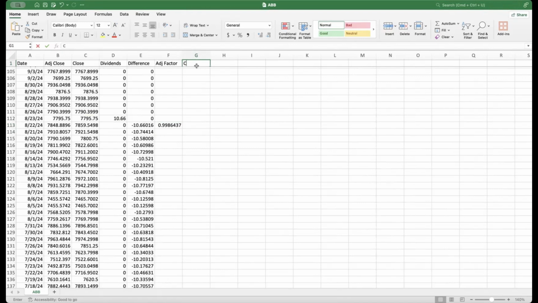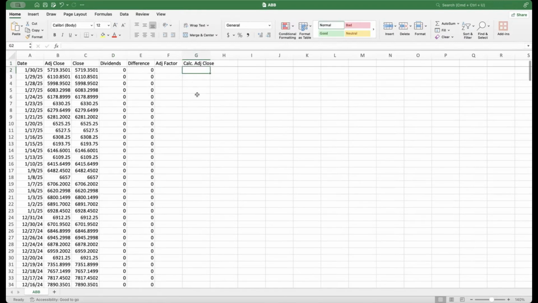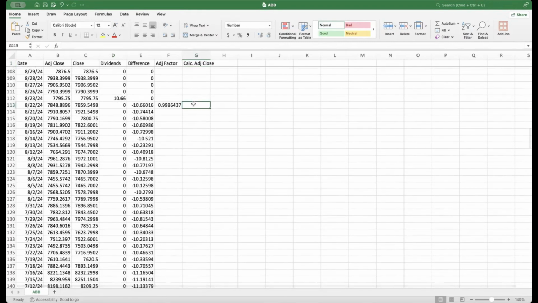Now, let me calculate that here. Let me call this calculated adjusted close. If I multiply this close price with this adjustment factor, the new difference between the calculated adjusted close and the adjusted close price should be negligible, right?